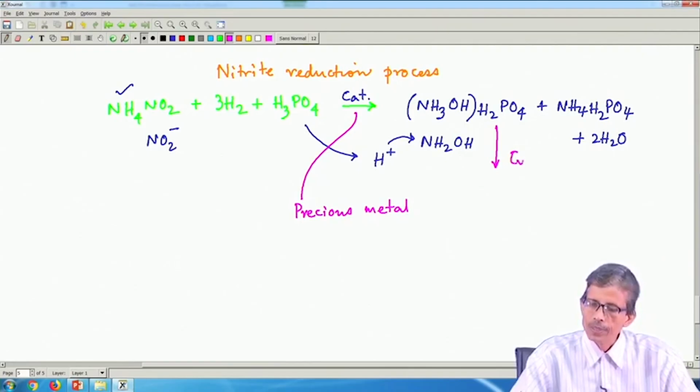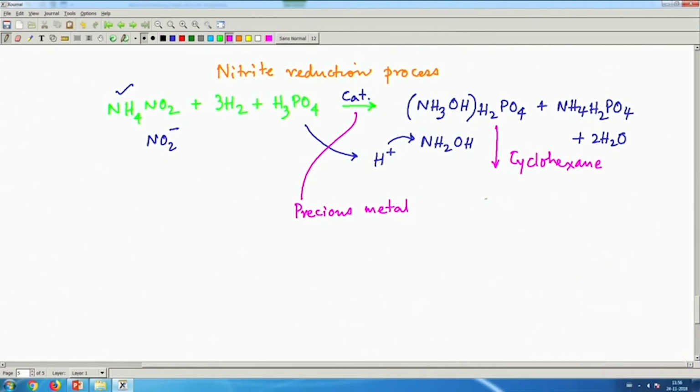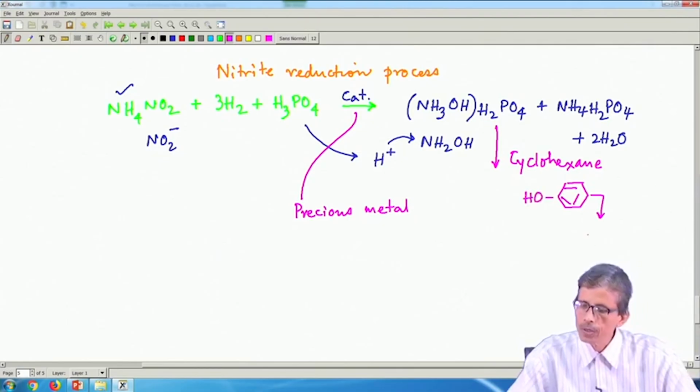So, in situ production of this phosphate salt of hydroxylamine can be utilized through trapping of cyclohexanone. As we all know, this is the benzene ring, and with OH it is phenol.